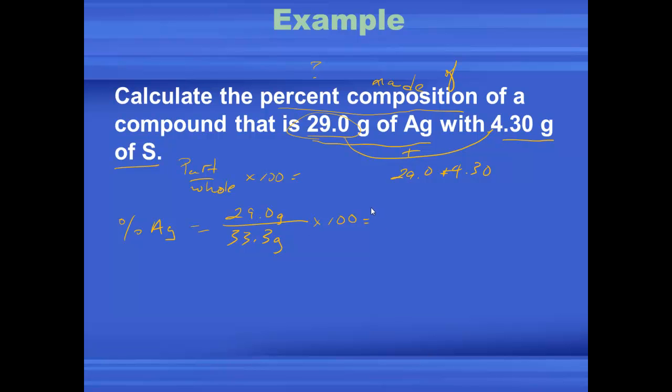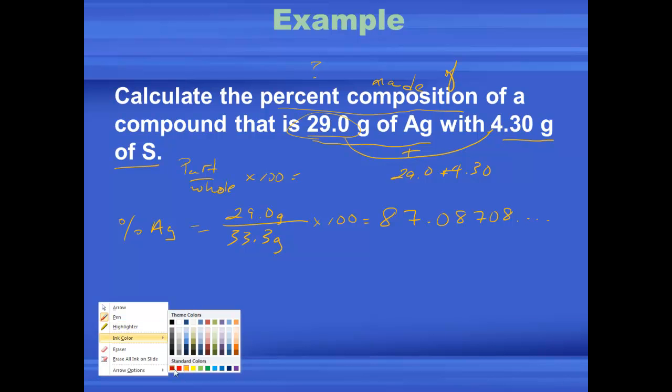So take the 29, divide it by the 33.3, then do it times 100, and again you want to do this all in one step in your calculator. And on my calculator I get 87.08708... Okay, more numbers after that. We do want to round for sig figs in these problems. They do not go away.